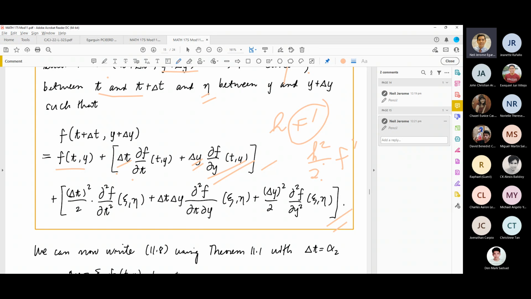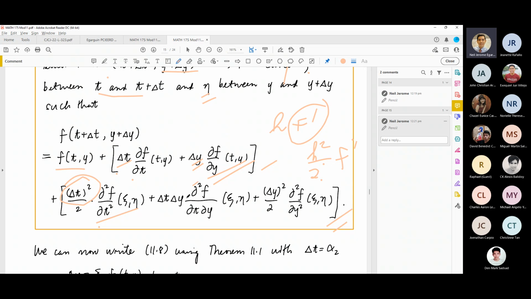So one-dimensional Taylor. Okay. So two-dimensional Taylor, hindi lamang isang klase ng second derivative yung kaya nating makompute. Meron tayong second partial derivative with respect to t twice. Alright, so ito yung partial with respect to t, tapos ipa-partial mo ulit with respect to t. So may kaakibat siya na multiplier na h squared, which is the step size in t all over 2 factorial.